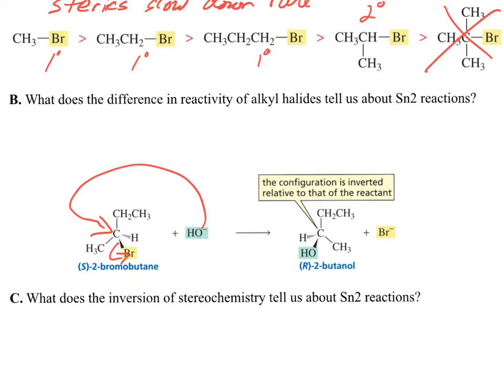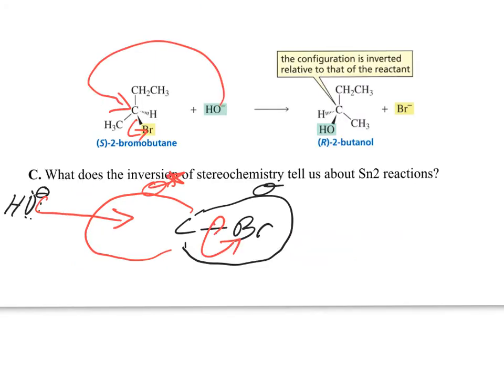So what does that look like in a molecular orbital picture? Inversion. We know, because this goes from S to R, we know something about where sigma star is at. We know the orientation matters. The OH has to come from 180 degrees away to break this carbon-bromine bond.